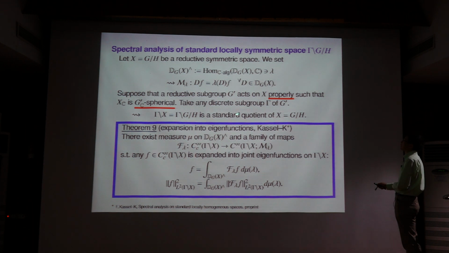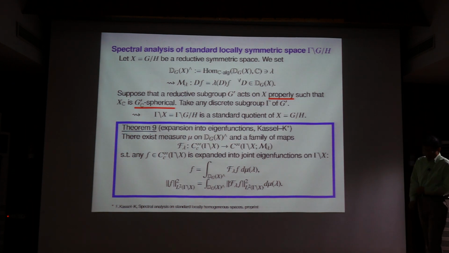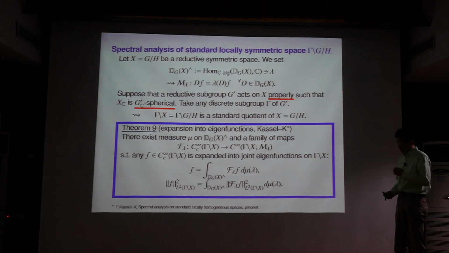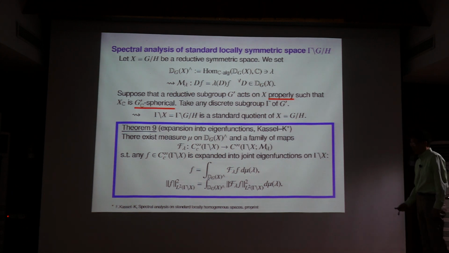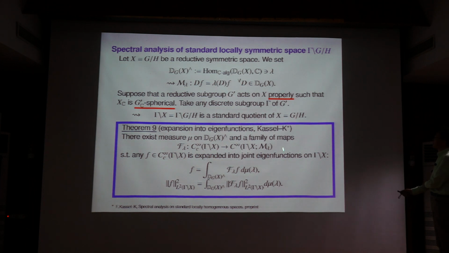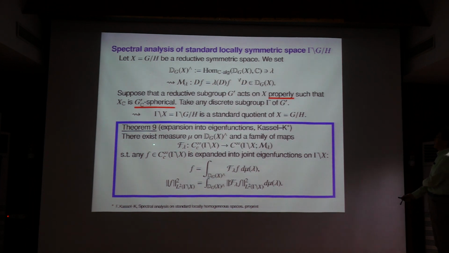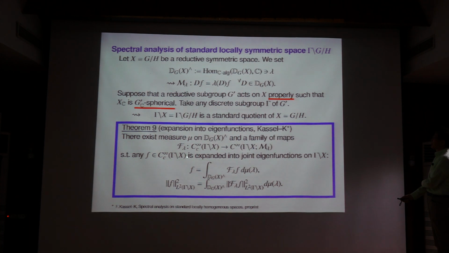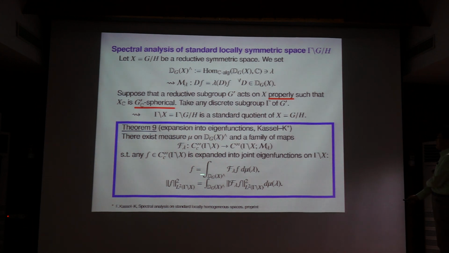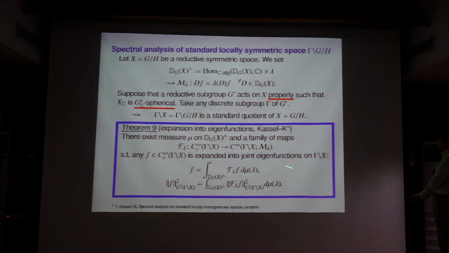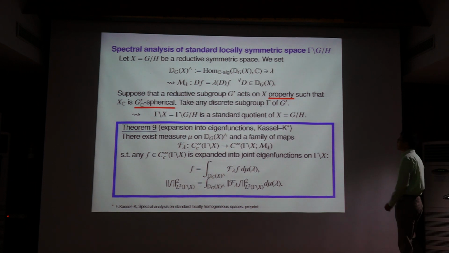Then we get a standard quotient. Then the theorem is that the Laplacian has a self-adjoint extension, so it is essentially self-adjoint. This is a part of the theorem: arbitrary functions can be expanded into joint eigenfunctions in these situations. So this is an inversion formula and a Plancherel-type theorem, a measurable family into the space of eigenfunctions.